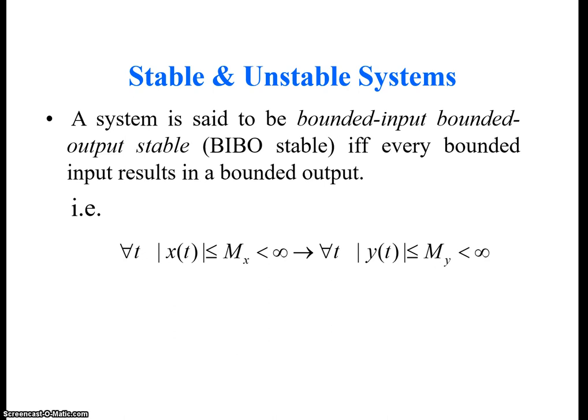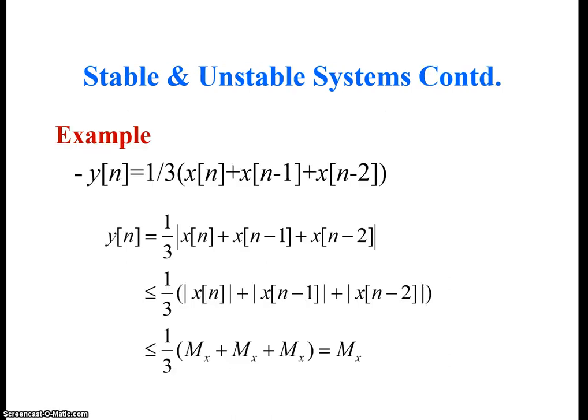Similarly, we'll consider the condition for a bounded output: the absolute value of y of t should be less than or equal to My, less than infinity. So if every bounded input results in a bounded output, we'll call the system stable. If a bounded input results in an unbounded output, then we'll call it an unstable system.